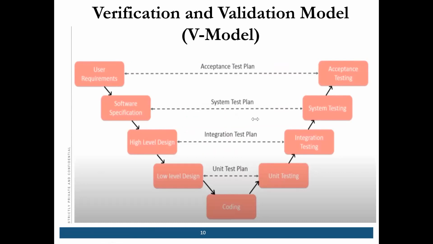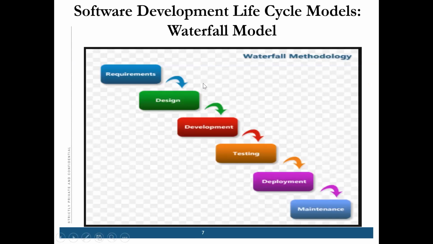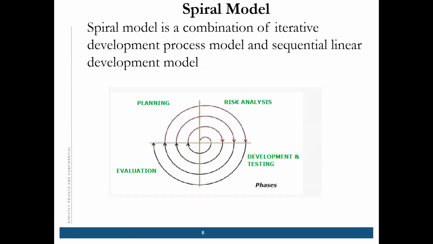Like what I told you in the waterfall model, once the requirement is done, only then can we go to the next phase, correct? But in iterative, the requirement is changing, like in the agile model. The agile model is always iterative.